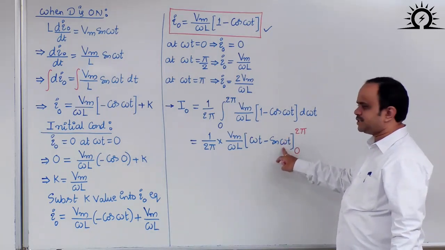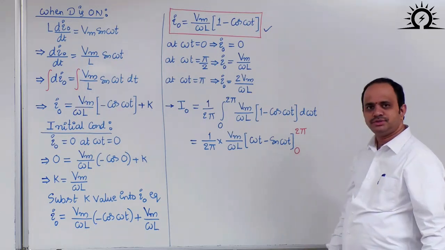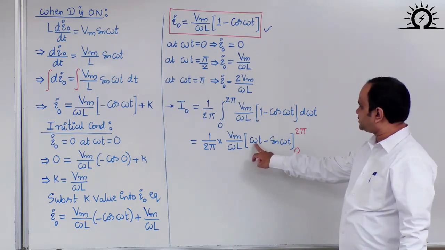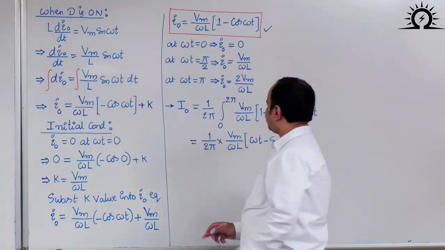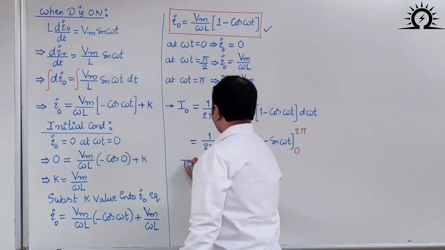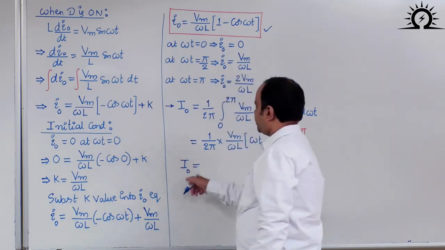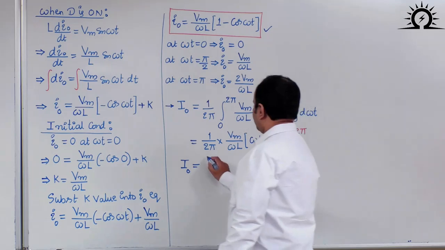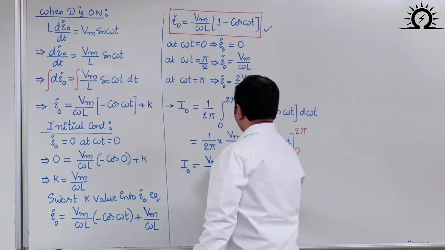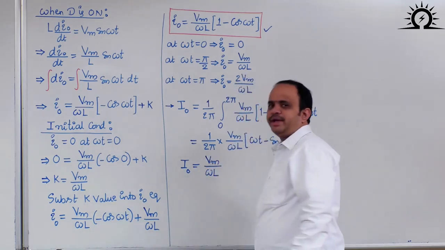Now sin 2 pi is 0, and sin 0 is also 0. If you apply the limits for omega t, you will get 2 pi minus 0. That 2 pi and this 2 pi will get cancelled out. Therefore, capital I naught, the average output current, is equal to Vm by omega L.